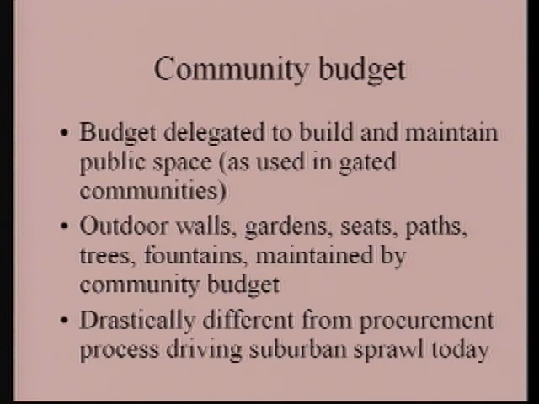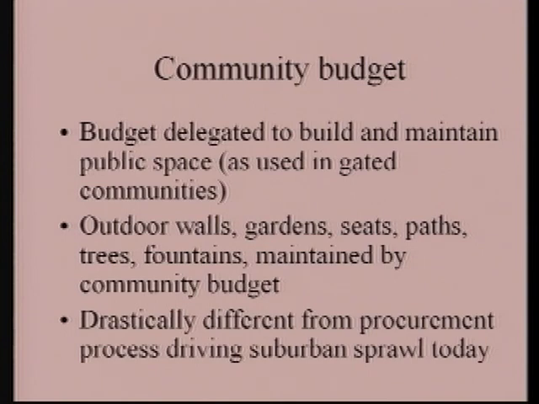We propose a community budget that is delegated to build and maintain the public space. That is used in gated communities. Well, everyone hates gated communities because they are the enclave for the rich. But we can learn one thing from gated communities. Every resident within the gated community pays a maintenance fee to the association, and that fee is used to maintain the grounds.